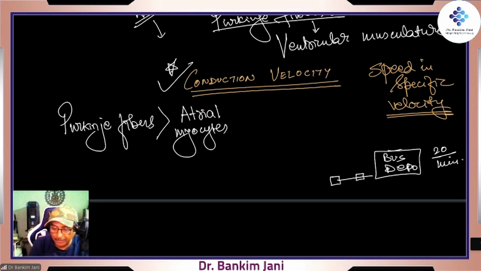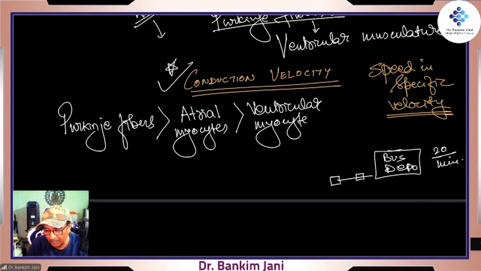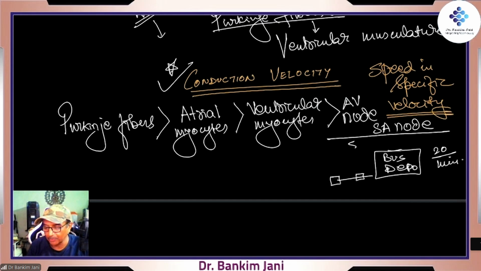Then after atrial myocytes, the next in number comes the ventricular myocyte. Ventricular myocytes. And the last one, the slowest, is the AV node. SA node, slowest.